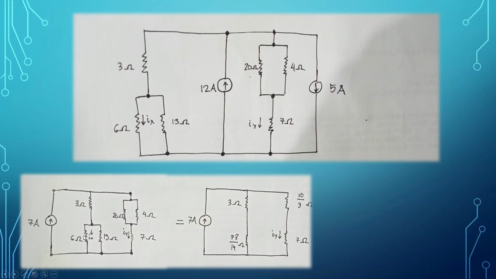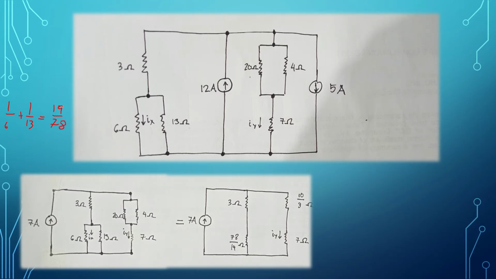And we can further simplify this by combining the circuits which are in parallel with each other. So here you can see 6 is parallel with 13 ohms, and so you can combine those two by using this equation. So 1 over 6 plus 1 over 13 equals 19 over 78.